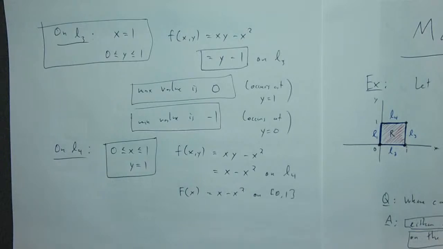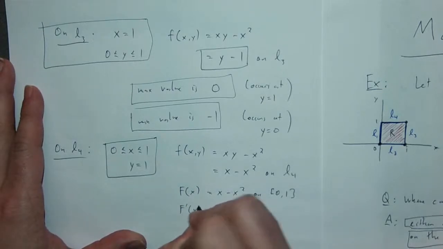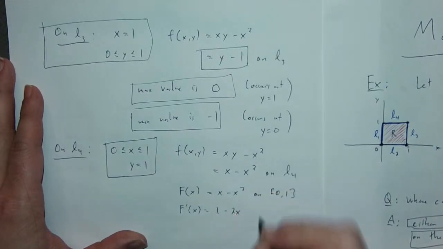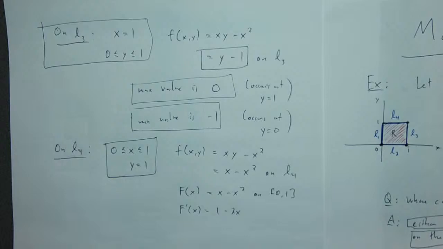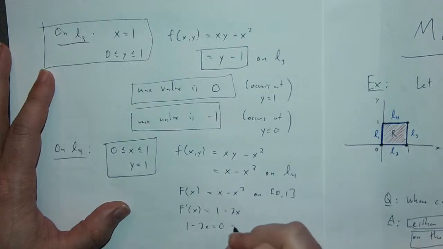So what would I do to find the max and min here? Take the derivative, right? I take the derivative and say, oh, well, this is 1 minus 2x. Okay, I would set this equal to 0. Right, so 1 minus 2x equals 0 implies x is equal to 1/2.